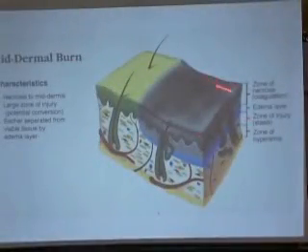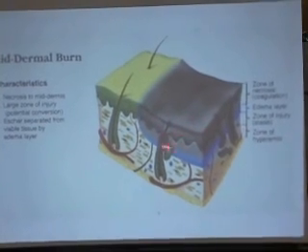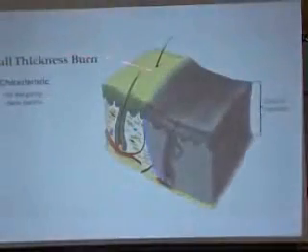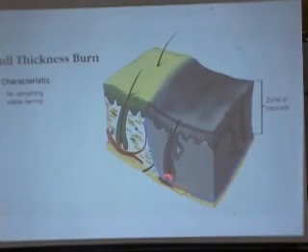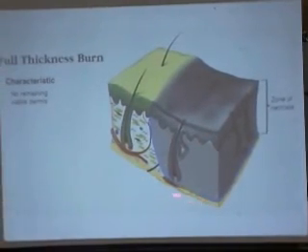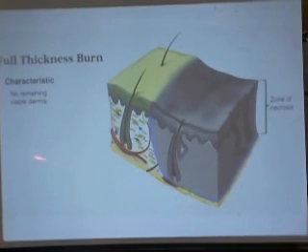Once you have a burn through the top layer and into the middle layer, that's called a second degree burn. And if you have a burn through all the layers of the skin, both the top layer and the second layer, that's called a third degree burn. And that's extending down into this yellow layer, which is the fat underneath.